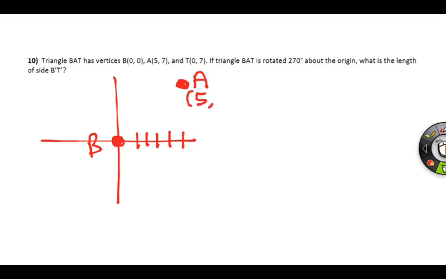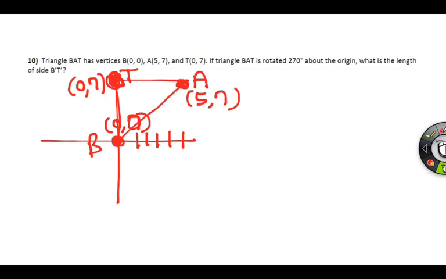So this is (5, 7). And then you have T, which is (0, 7), so that would be about the same level here. So that would be T. Okay, so then they make just a triangle here. Sorry, that one's a little messy there, (0, 0) is that coordinate.